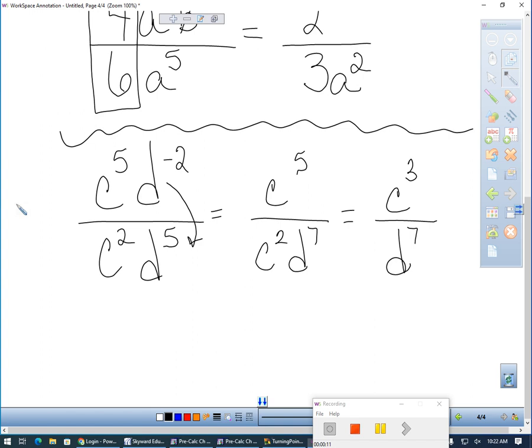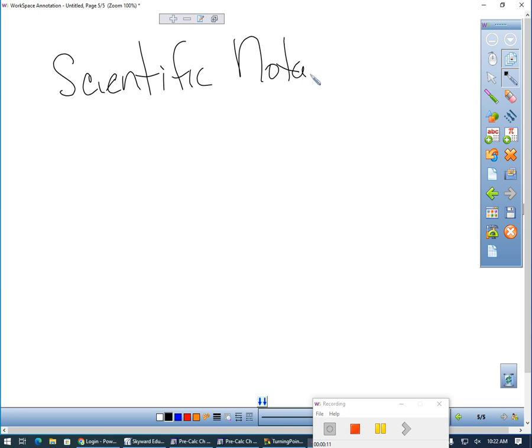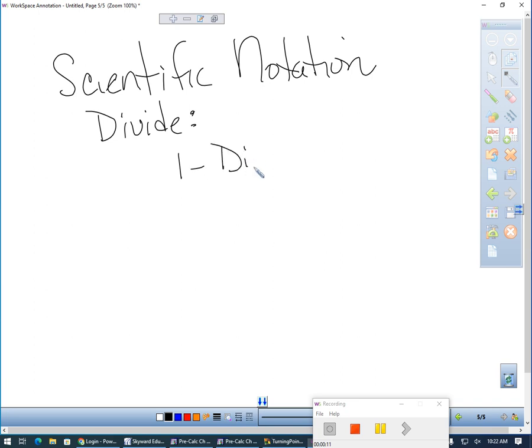Example number 3. Actually, before I do example number 3, talk about scientific notation. All right. When we're doing scientific notation and we're doing the division, I want you to first, step 1, divide coefficients.